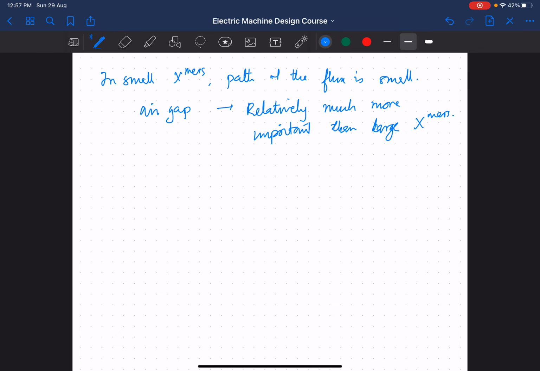So for these small transformers, since the length of the path of the flux is very small, the air gap is also very important. So you have to take care of this air gap and you have to reduce it. So how do you reduce the air gap? You do that by interleaving.